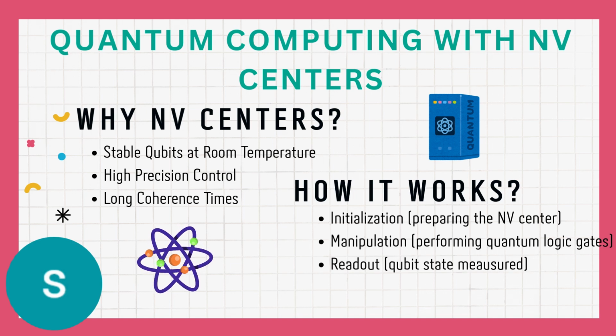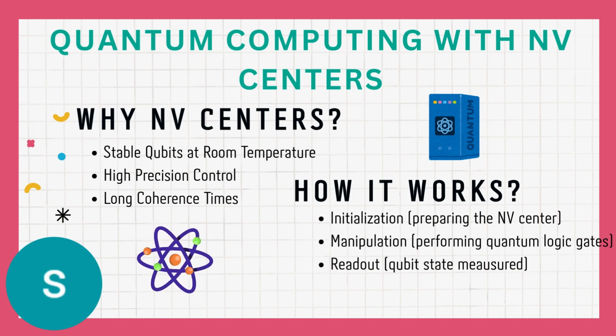However, making these NV centers that work is very hard, and getting them to work with each other is also very tricky. In order to set it up, which is initialization, you have to shine a green laser on the NV center to get it ready. That's to prepare the NV center.